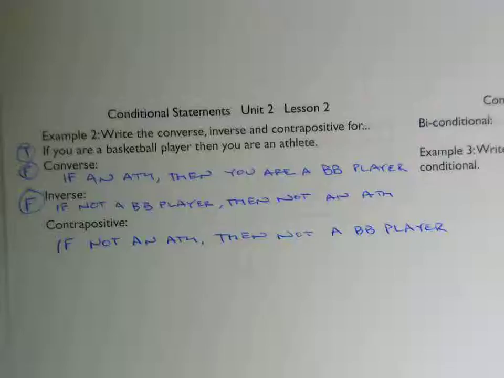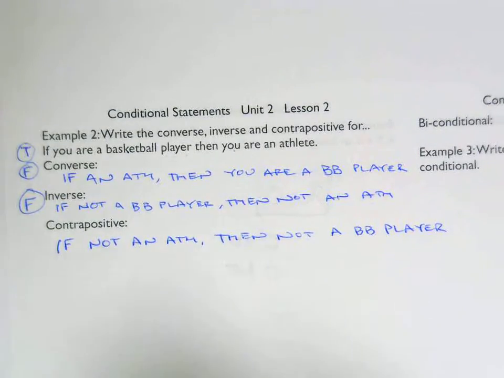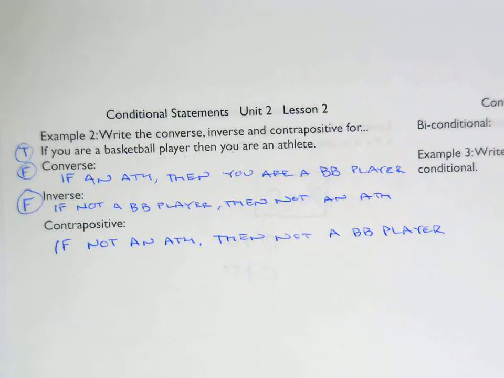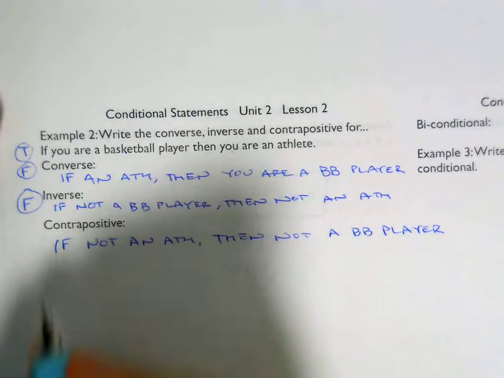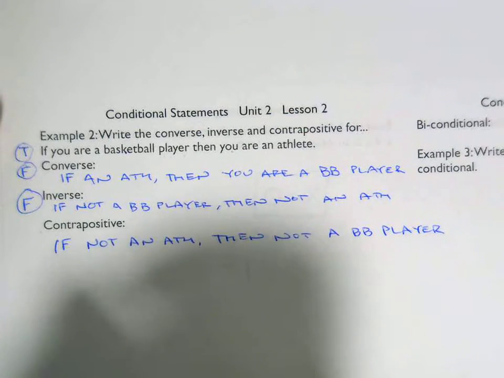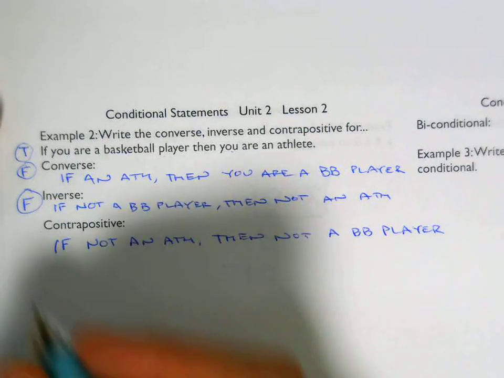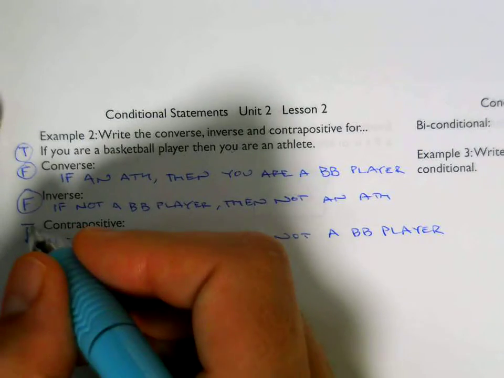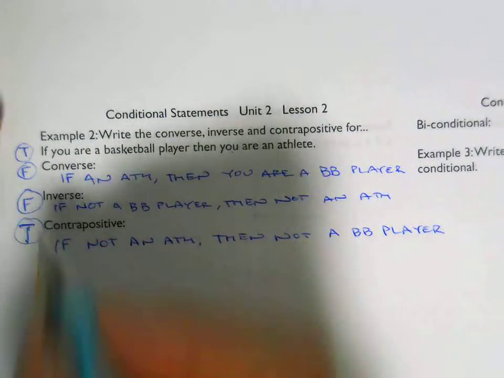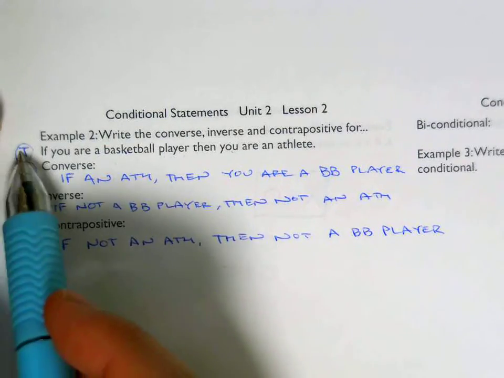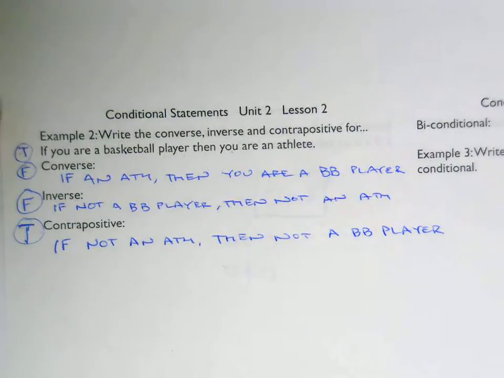You've got the double negations going on, and it's really kind of confusing sometimes to try to determine whether or not these are true or false. So I said earlier that the contrapositive is logically equivalent to the conditional statement. So I'm probably not even going to go through the mental hoops of trying to determine whether or not that's true or false. I'm just going to copy down what I had there.